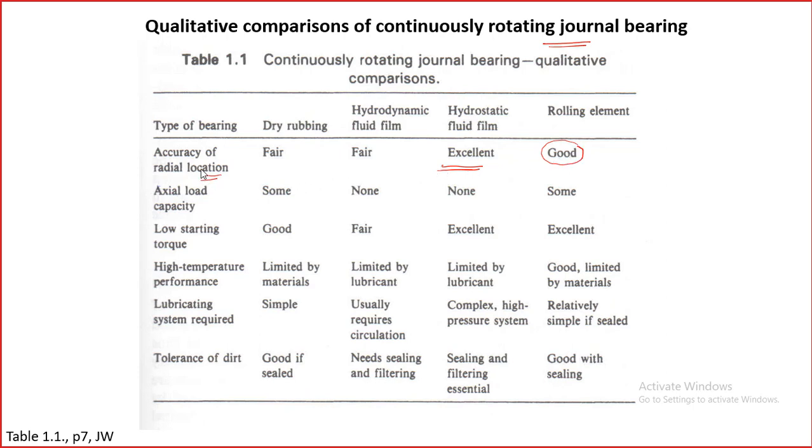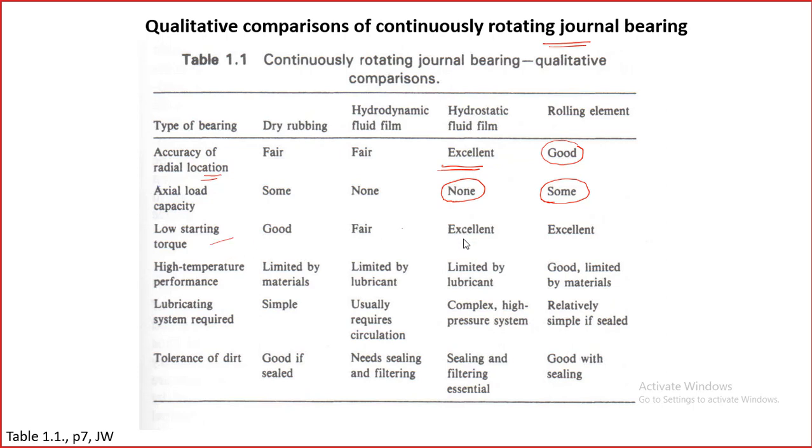So this is the accuracy in the radial direction. And axial load capacity, it will have none, so you need a thrust bearing to take the axial load, whereas in the case of rolling element bearing it can take both radial as well as axial loads simultaneously.